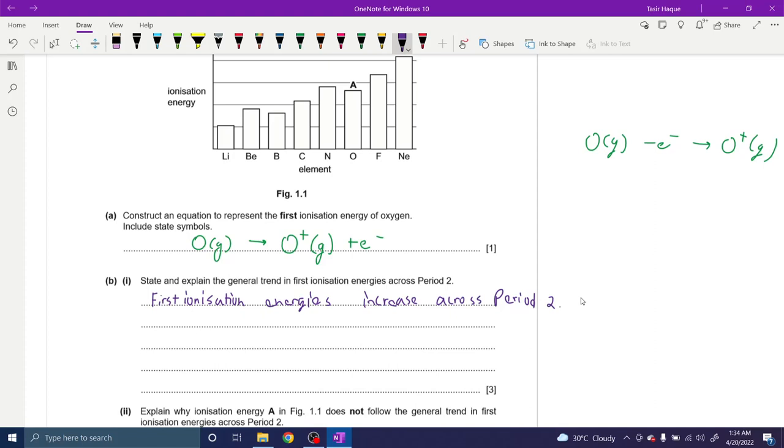This is not enough to get you 1 mark. You need to write something else. Due to increased nuclear attraction for valence or outer electrons.